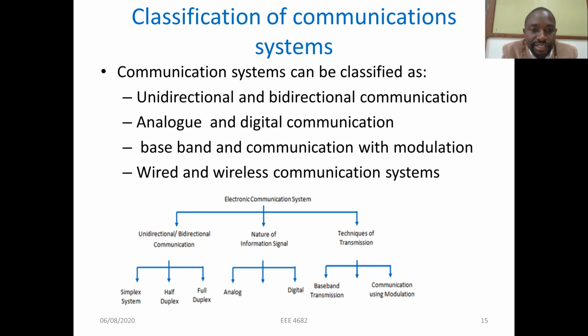And under unidirectional, you can have what is known as simplex communication system, half duplex, as well as full duplex. And then the nature of information signal, where you classify it in terms of analog and digital, and also based on the technique of transmission, where you classify it in terms of baseband transmission as well as communication using modulation.